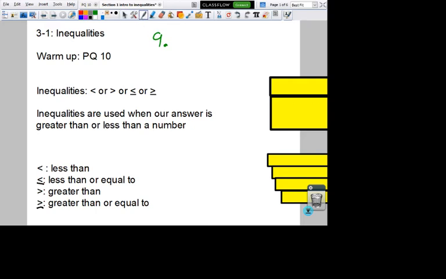The reason these are different is because if I have something like x is less than 3, what that means is everything smaller than 3 is my answer, but I don't actually start at 3. I only start at exactly 3 when I have this extra line underneath, when I have the or equal to.